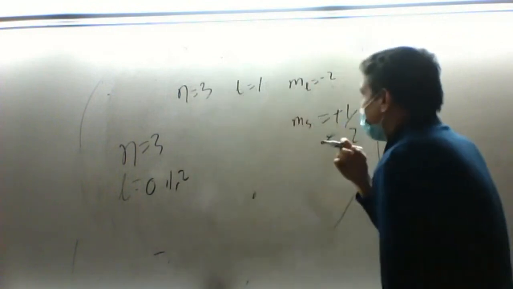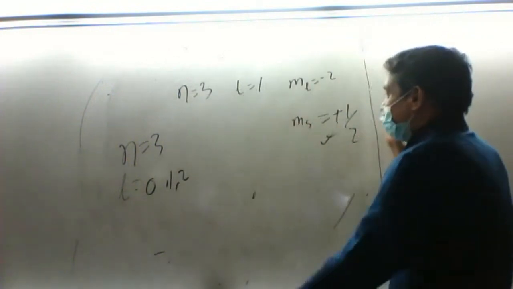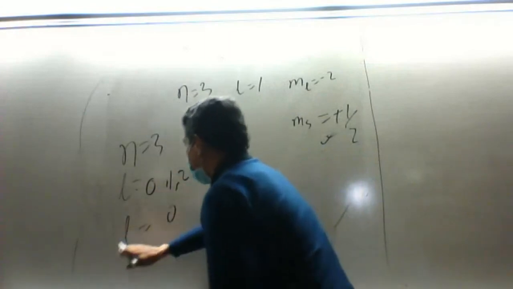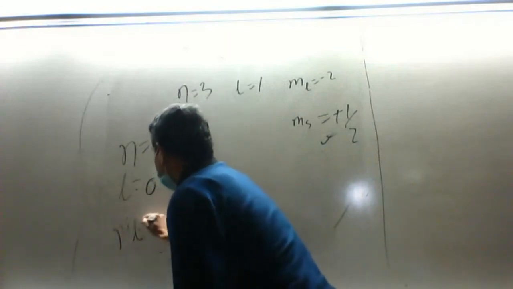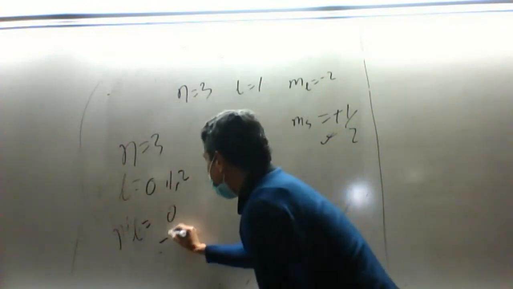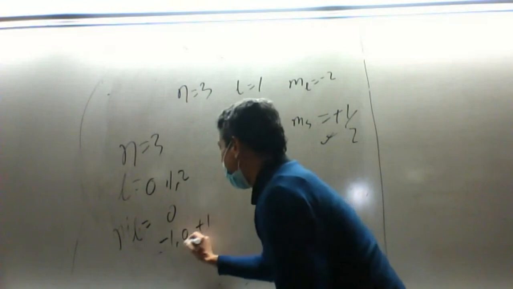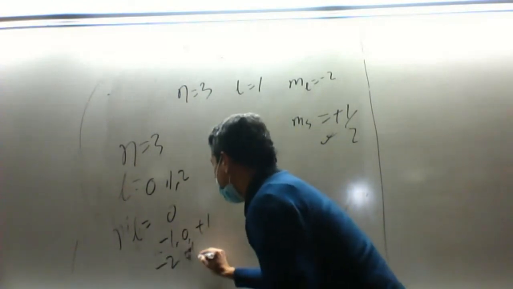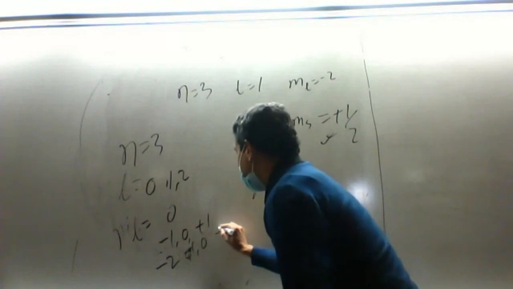So good. Then I'm going to write the ML values now. For L equals 0, I have 0. For 1, I will have minus 1, 0, plus 1. For 2, I have minus 2, minus 1, 0, plus 1, plus 2.